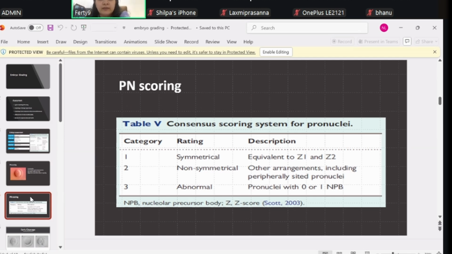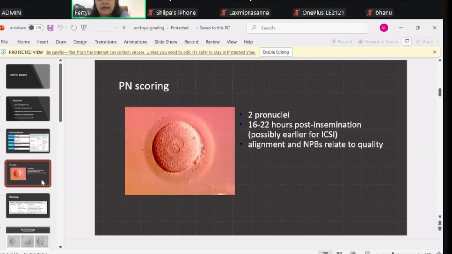Abnormal we don't consider as fertilized because it has a single PN with one NPB. Ideally, any fertilized oocyte should have 2 polar bodies and 2 PNs. Only then will we consider it a fertilized oocyte.